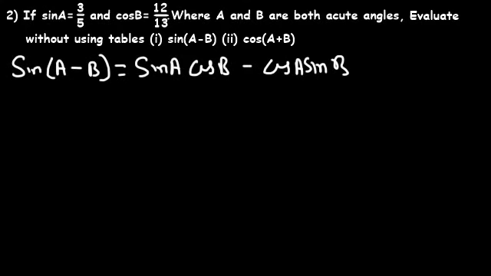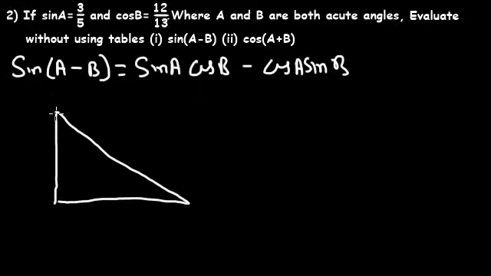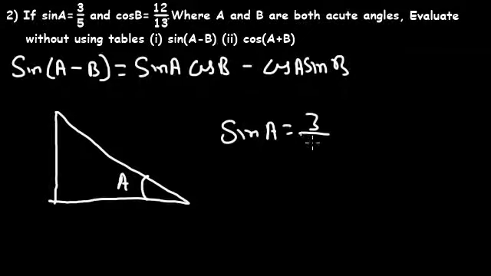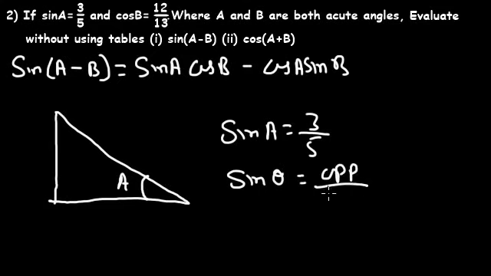Well, this is what should be your first step. Since A and B are acute, you can draw a triangle, typically a right angle triangle. You know that the trigonometric functions connect the sides of a right angle triangle. If A is the acute angle and is somewhere around there, and the sine of A is given as 3/5, you know that the sine of an acute angle connects the opposite side with the hypotenuse.